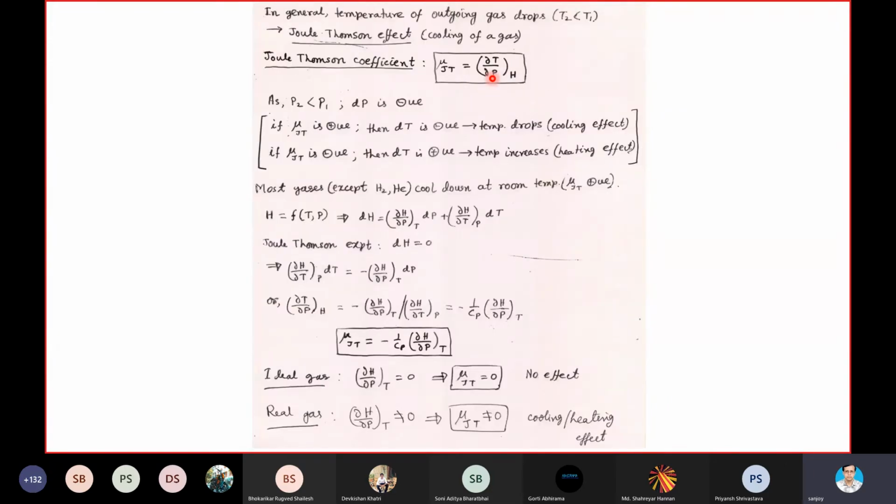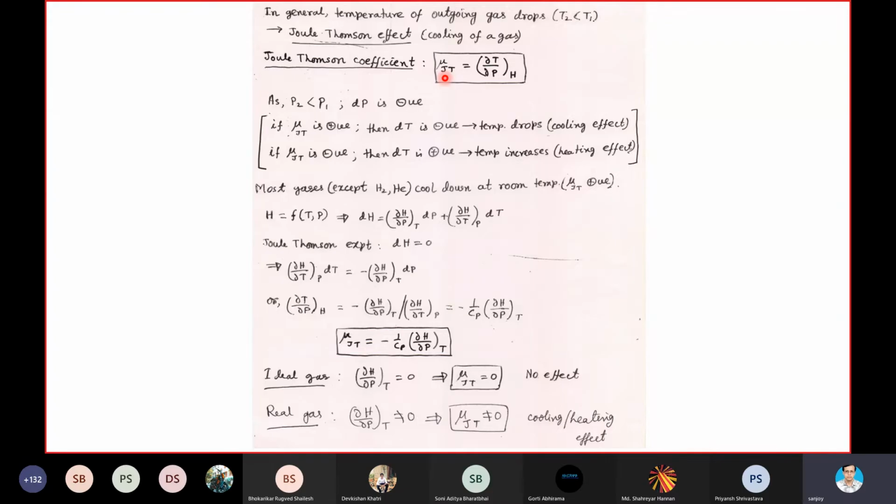Change in pressure is always negative. Now there are two possibilities: dT can be either positive or negative. If dT is negative, then mu JT becomes positive. If dT is positive, then since dP is negative, mu will become negative.